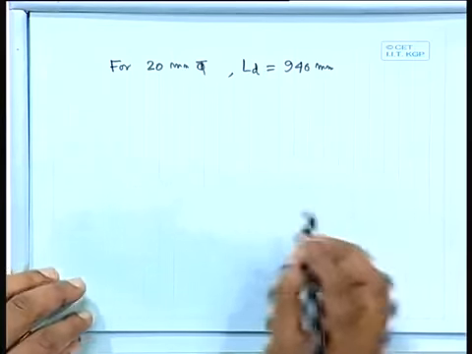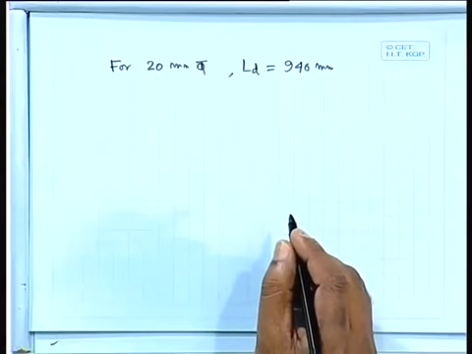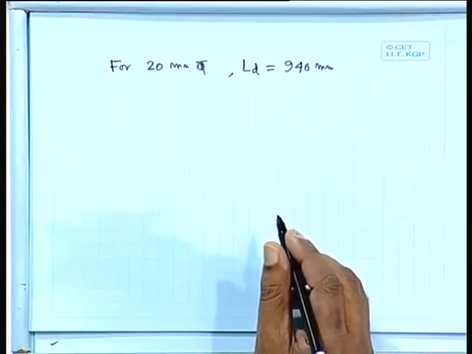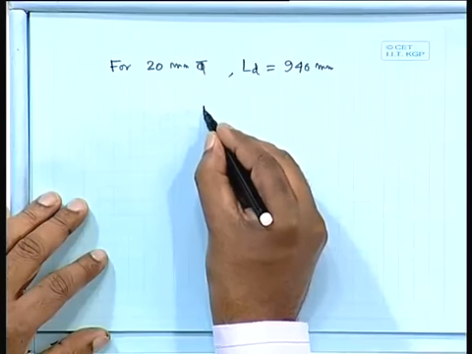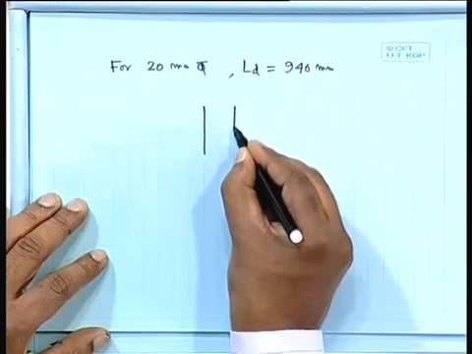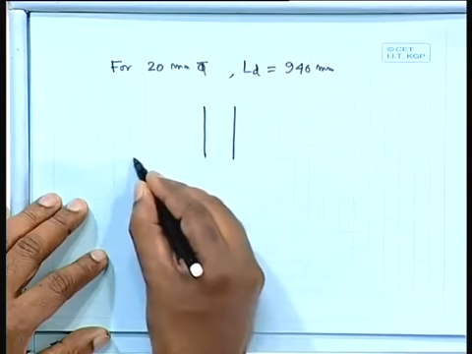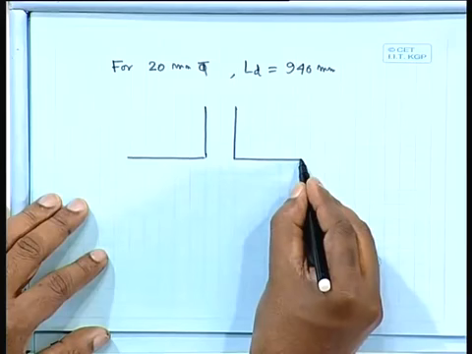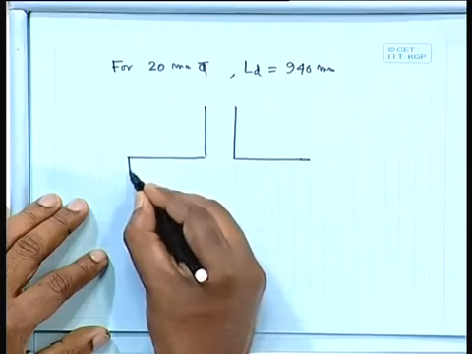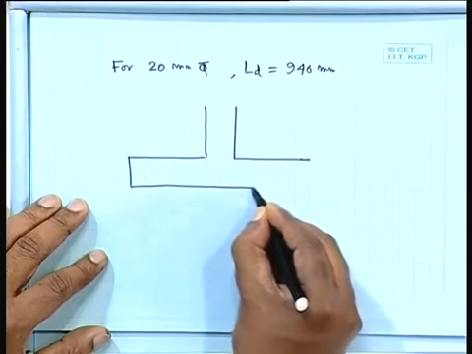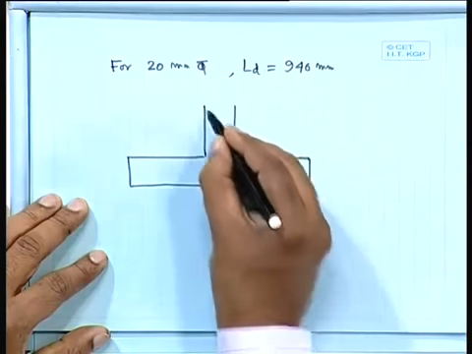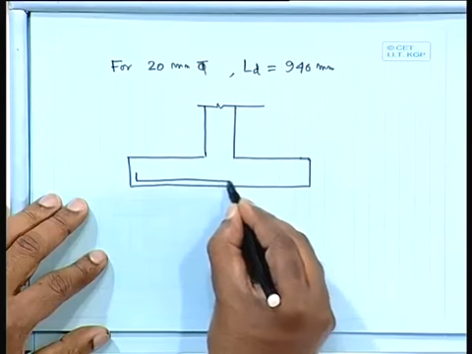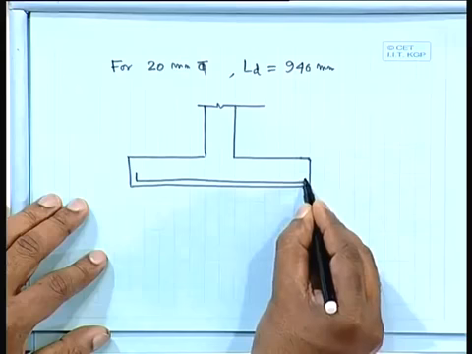Okay. So how shall we provide the reinforcement? The reinforcement we provide here. There should be main reinforcement, and that should be in both ways.